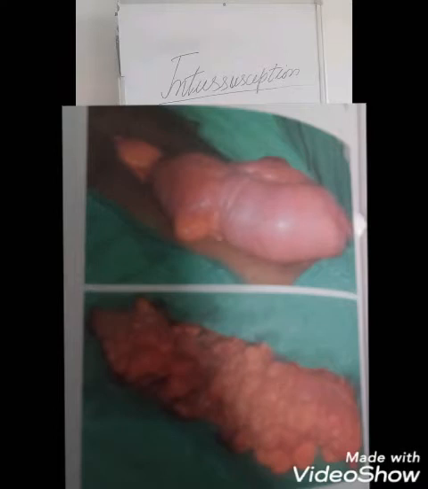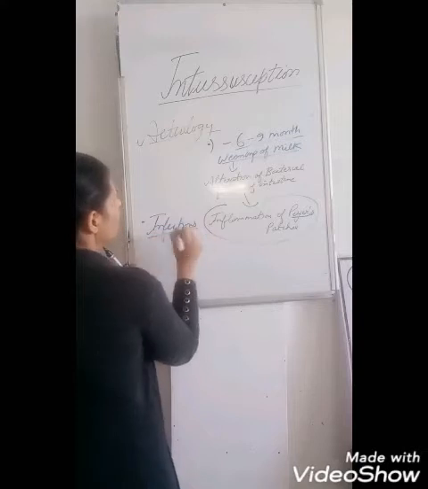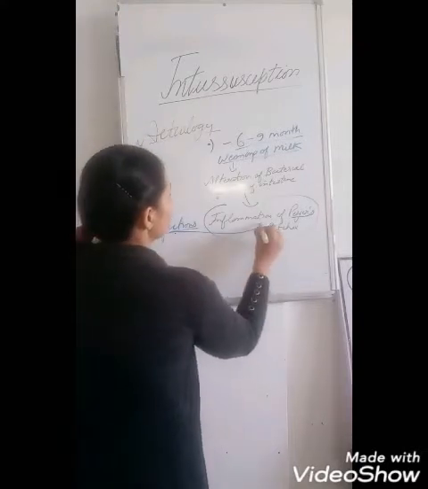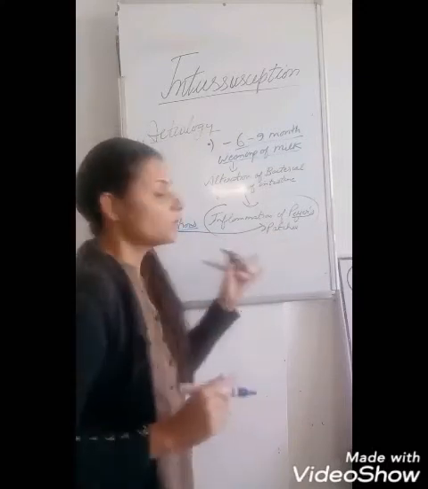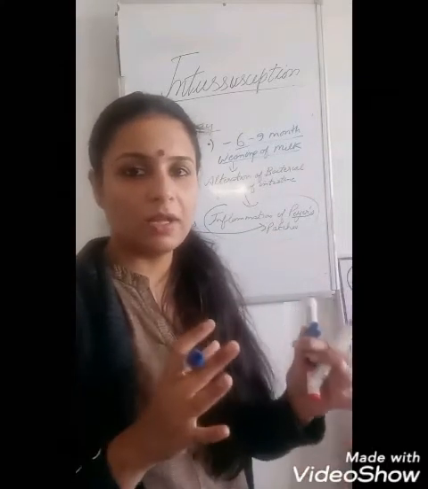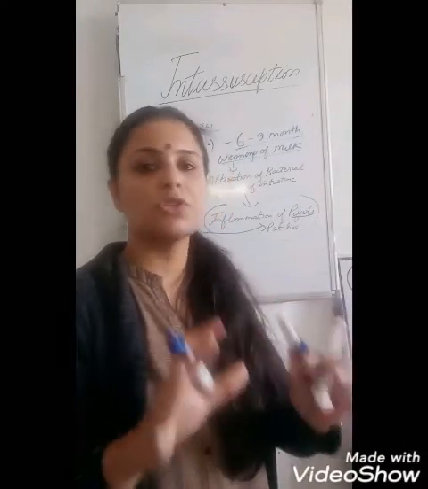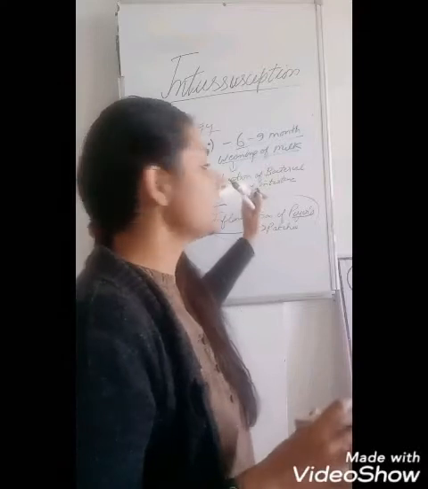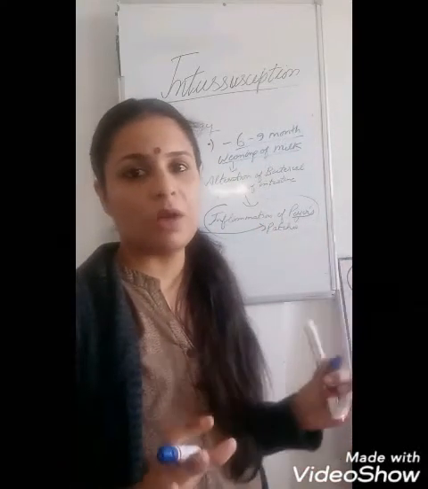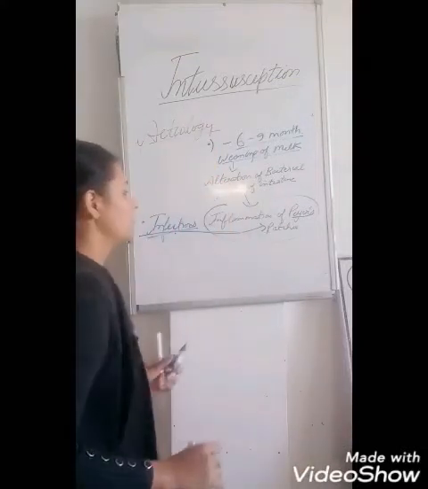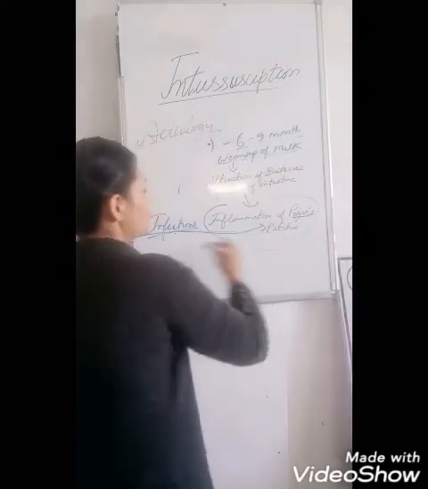Also the infections, the infected microbes, can result in inflammation of Peyer's patches. So weaning of the milk during 6 to 9 months, after stopping the mother's milk, alters the bacterial flora, leading to inflammation of Peyer's patches. This is the main etiology.